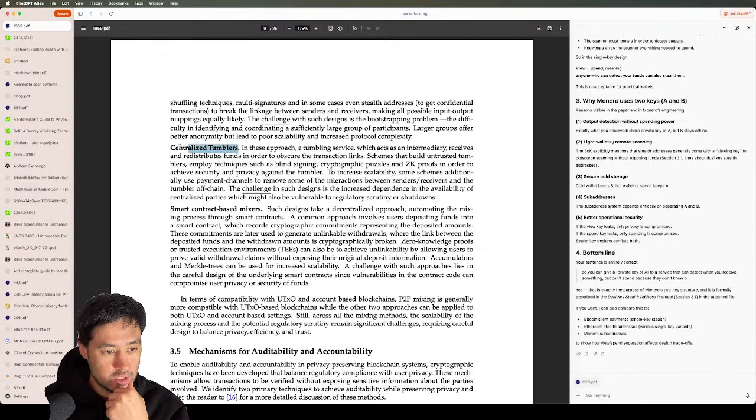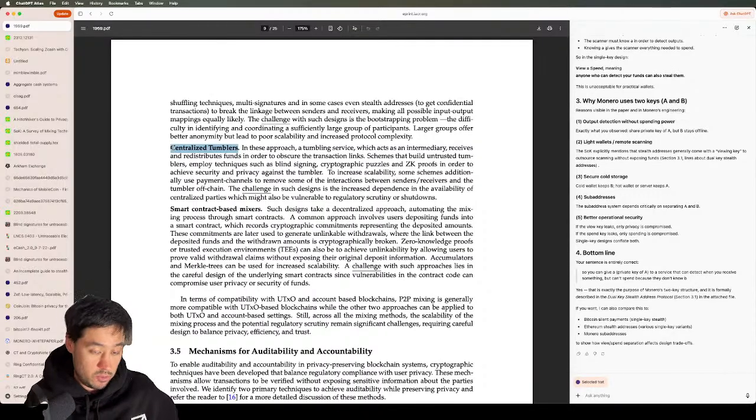I'm curious to understand how centralized tumblers work, but I obviously don't have the time to look into it.